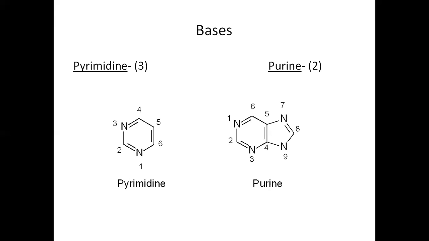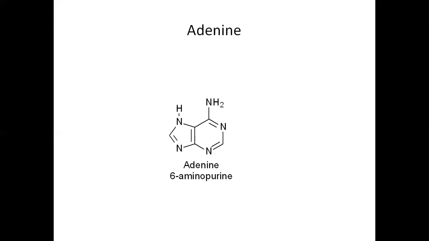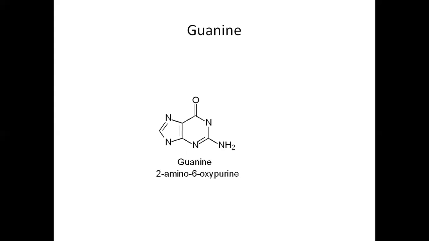The most familiar purine is adenine, which is also known as 6-aminopurine. Guanine, or 2-amino-6-oxypurine, is the other purine.